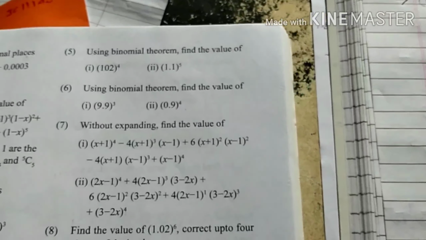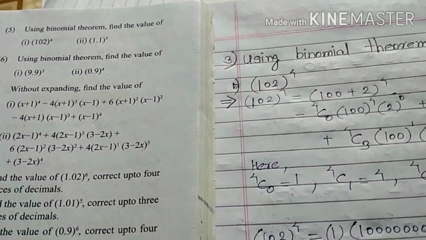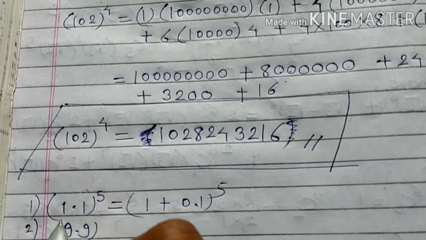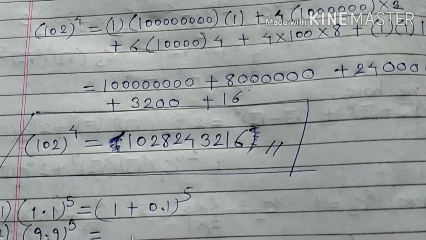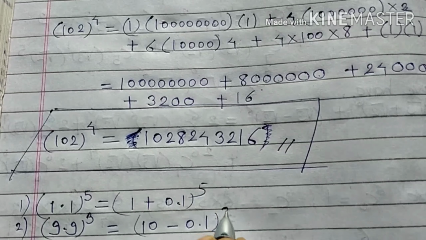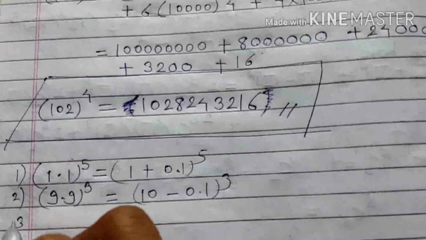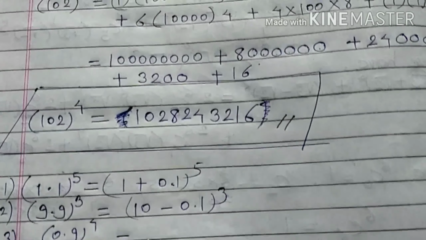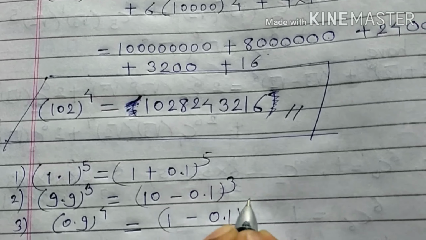Next example here is 9.9 raised to cube, and its expansion is like that, (10 minus 0.1) raised to cube. Next, the third, 0.9 raised to 4, and its expansion is like that, (1 minus 0.1) raised to 4.